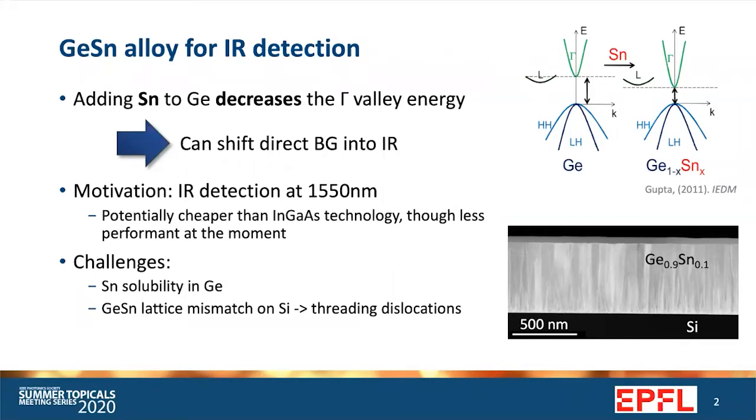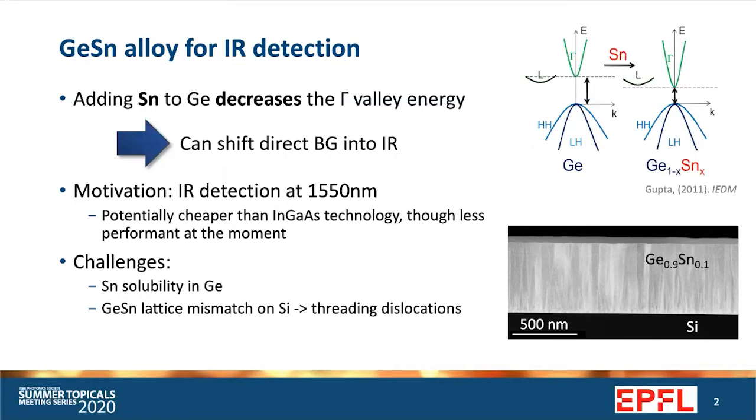And there are two main challenges regarding germanium tin. The first is that tin is only soluble up to 1% in germanium, which means that for process temperatures that are too high, we will get tin segregation out of the germanium matrix.